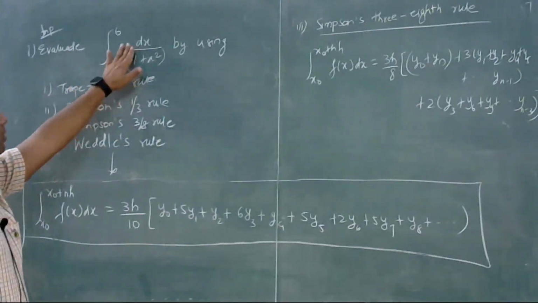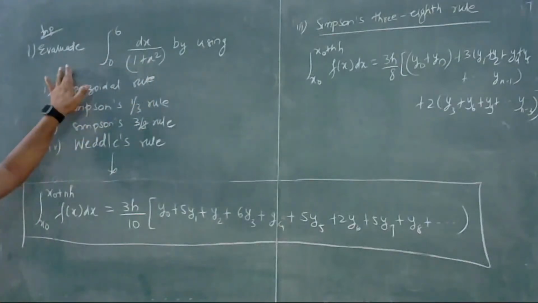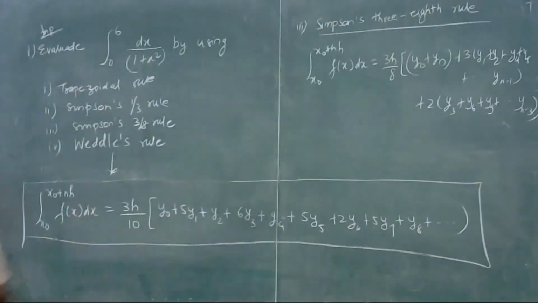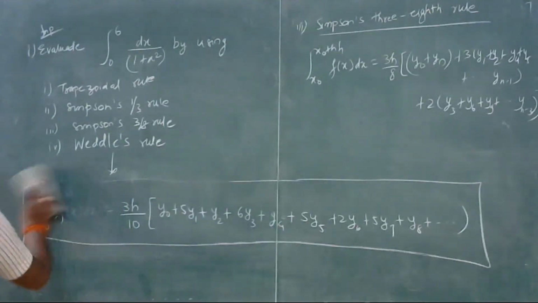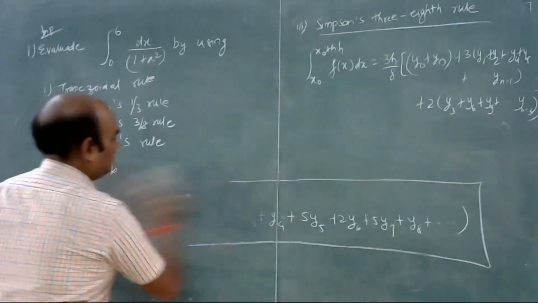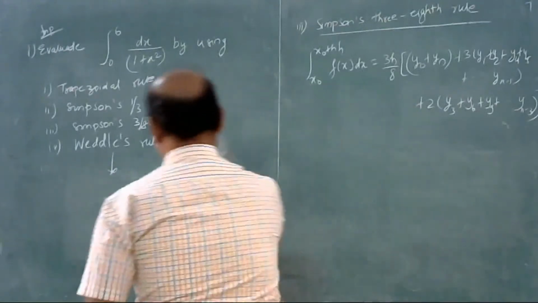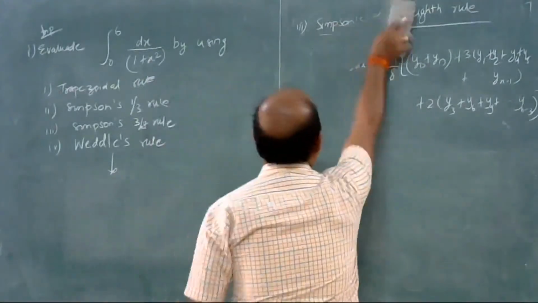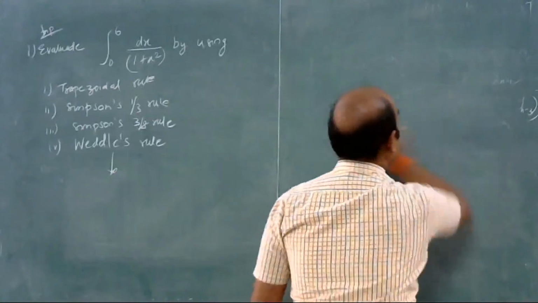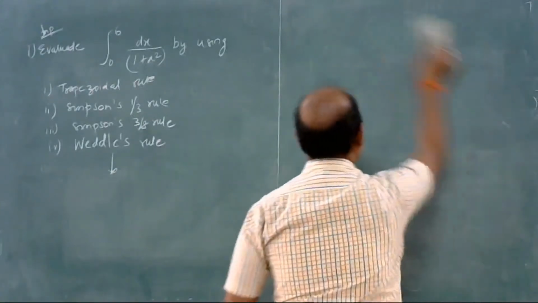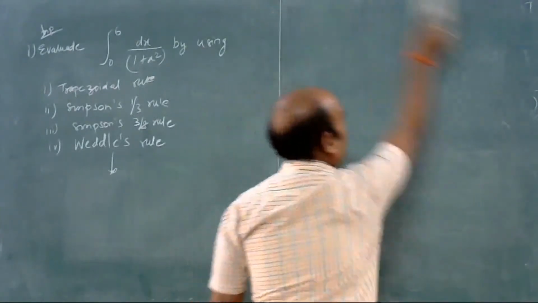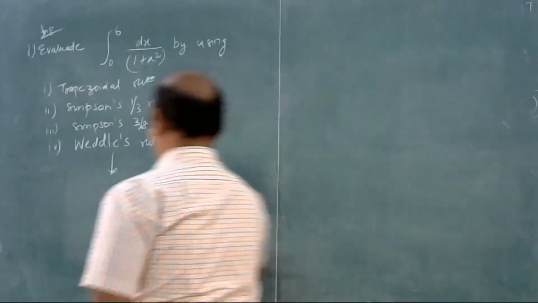Only the function 1 upon 1 plus x squared is given, and the limits from 0 to 6. So how to solve this? At least one question will be asked from this numerical integration in the exam. So just remember this formula.